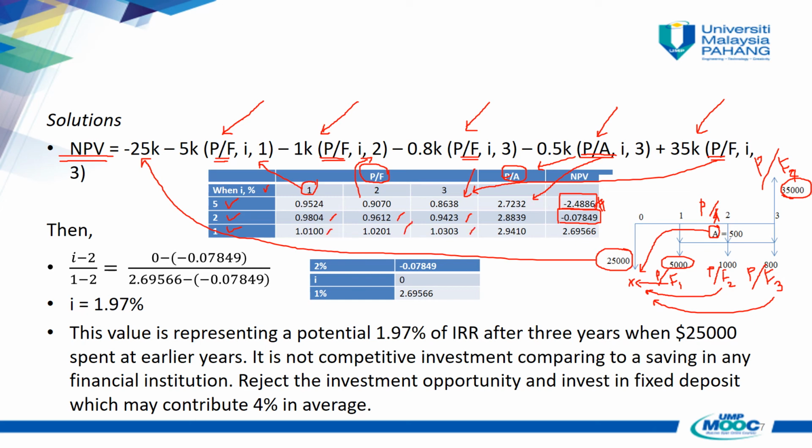finding P we knew the F, and for finding P we knew the A. And then we see that, wow, the NPV by using the 1% interest rate is positive 2.